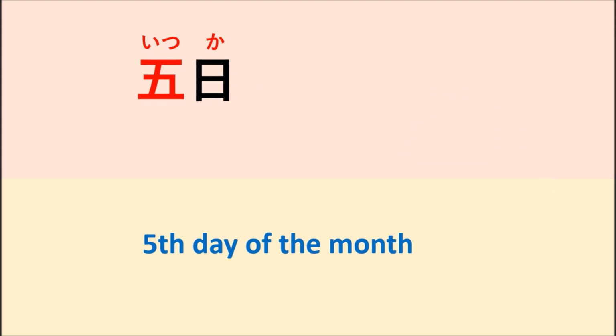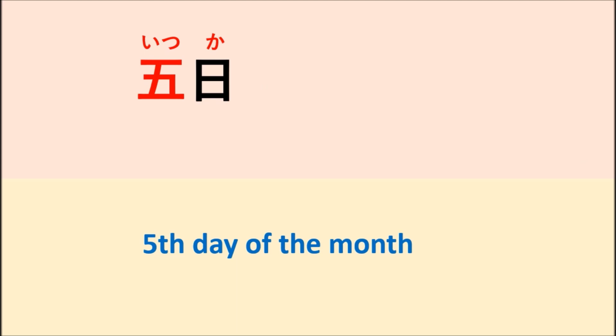いつか means the fifth day of the month. They don't say like 5日, right? So this is a special reading, so you have to remember it. It's read like いつか, not 5日.